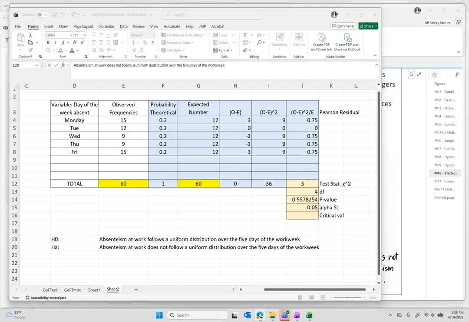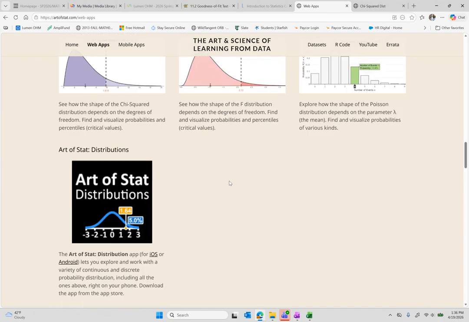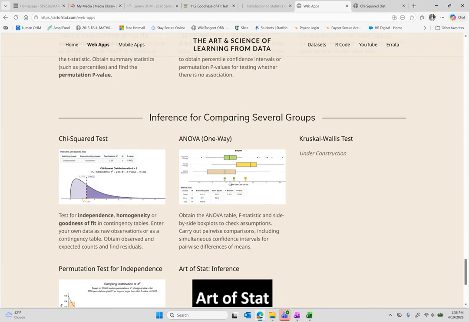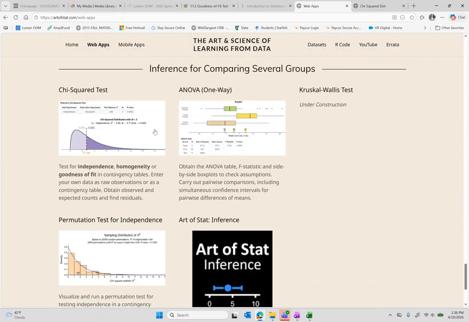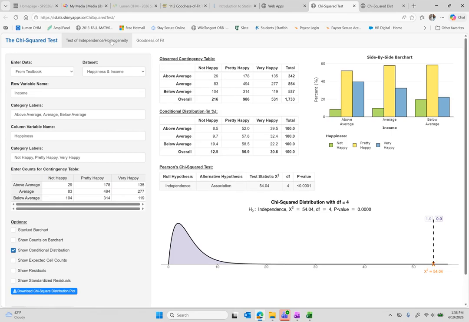Let's go back to Art of Stat. Let's go under the web apps, and we want to scroll down to inference for comparing several groups. And here is the chi-squared test. So if I click on the chi-squared test, the tabs up at the top give me two options. One is the test for independence and homogeneity, and the other is the goodness of fit.